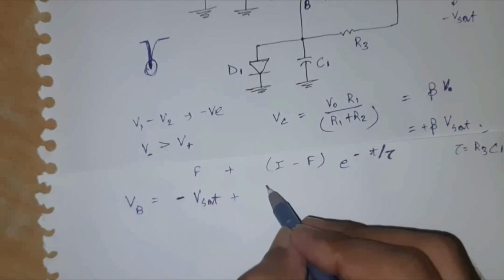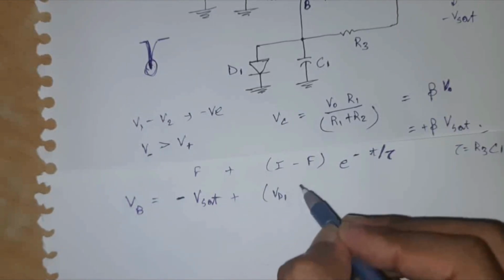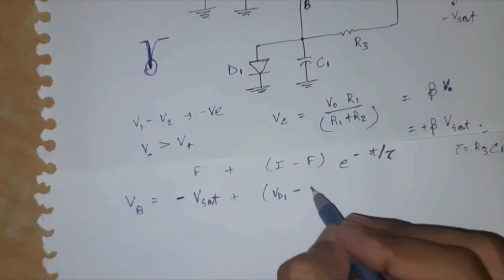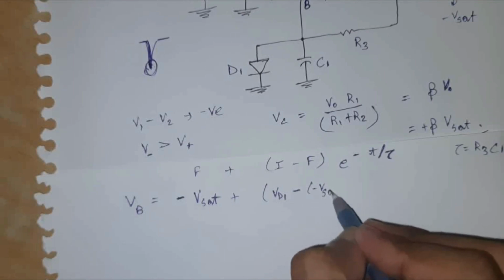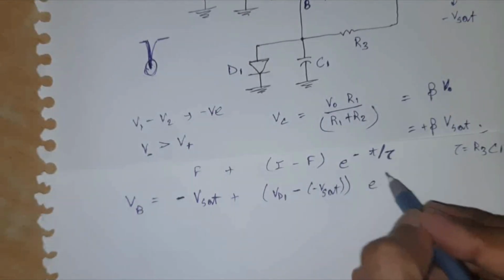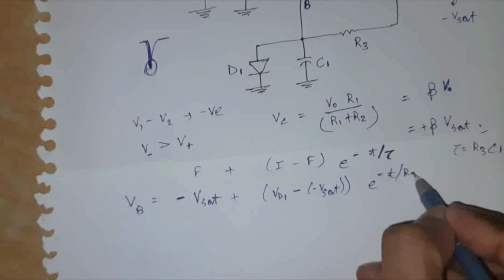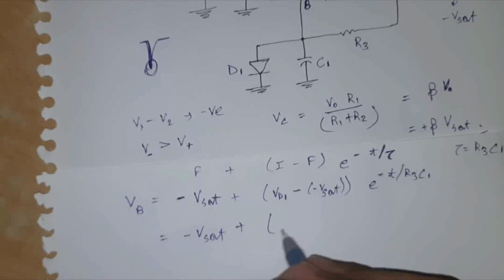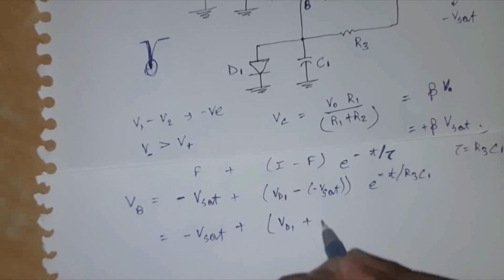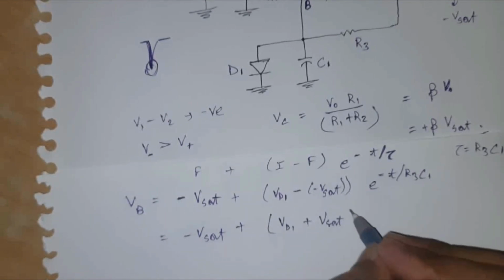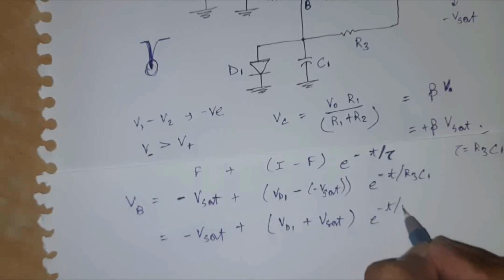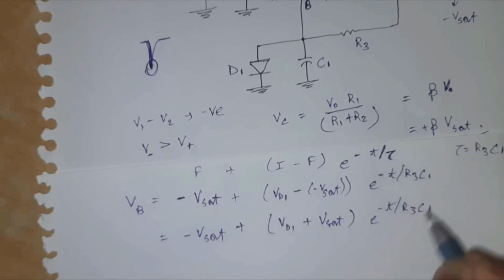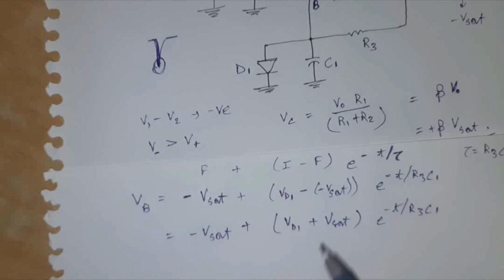The initial value is VD1, the voltage across the diode, and minus VSAT gives plus VSAT, e to the power minus t by R3C1. Simplifying the equation: minus VSAT plus VD1 plus VSAT, e to the power minus t by R3C1.